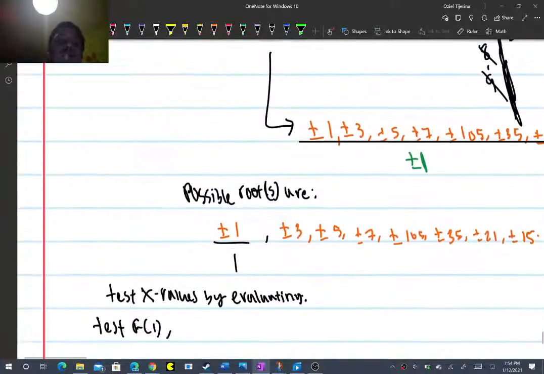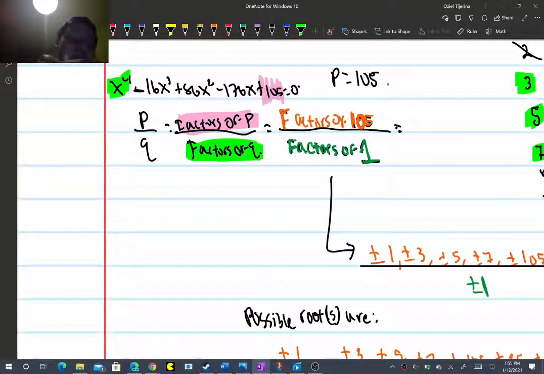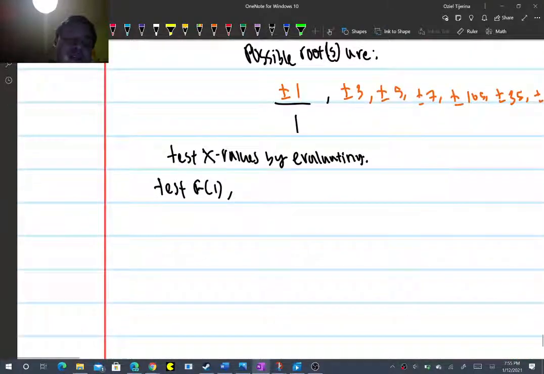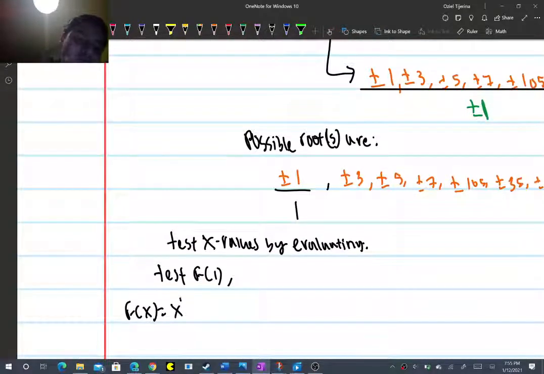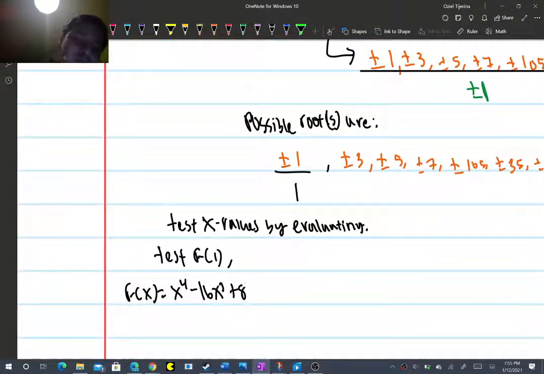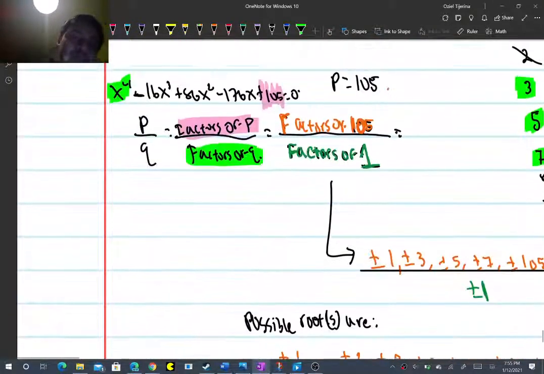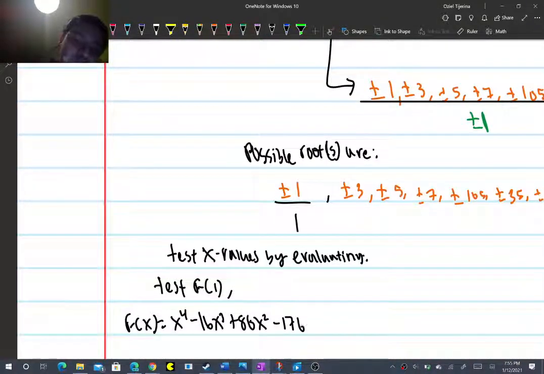Okay, this is my function, f of x. Our function here is f of x equals whatever we have up here: x to the 4th minus 16x cubed plus 86x squared minus 176x plus 105. Okay.